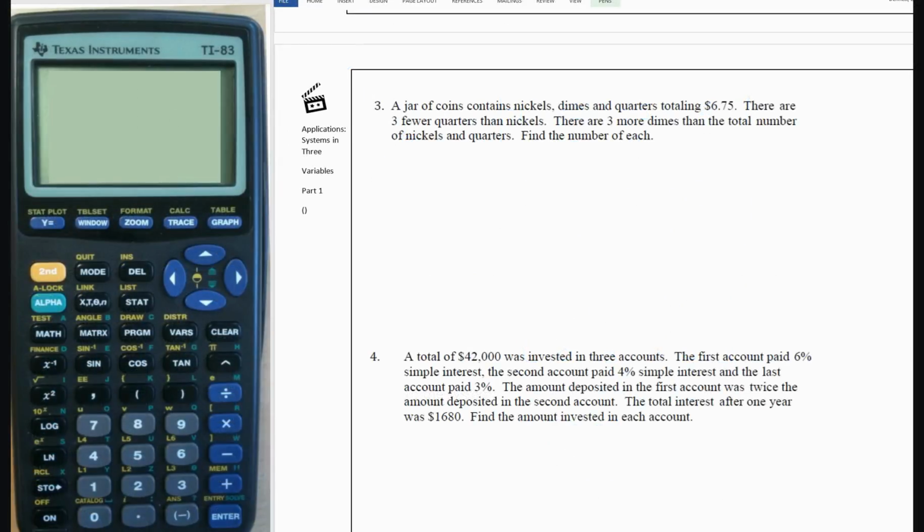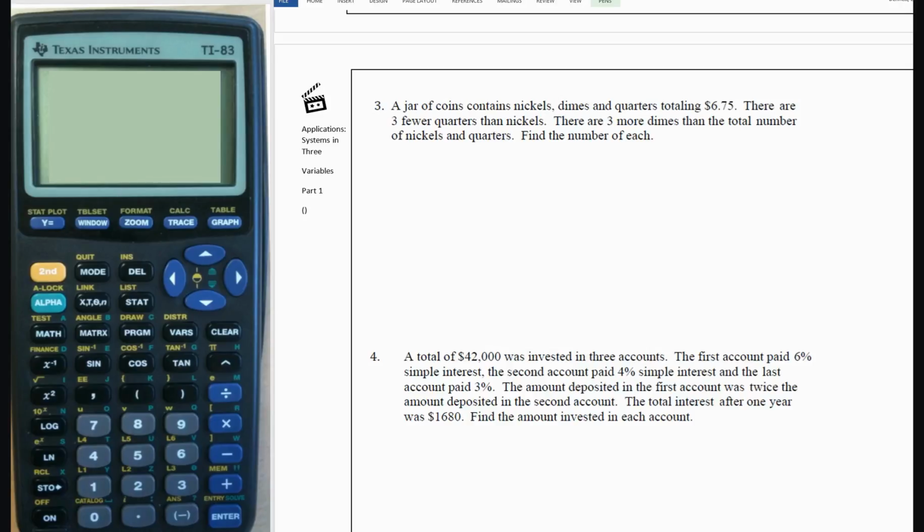We're going to do a couple of applications with 3 equations and 3 variables, and once we set them up, we will use our calculator and a matrix to solve them. Okay, so let's look at this one. It says a jar of coins contains nickels, dimes, and quarters totaling $6.75. There are 3 fewer quarters than nickels.